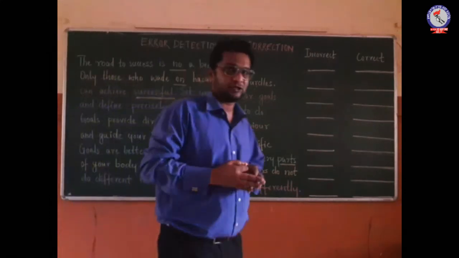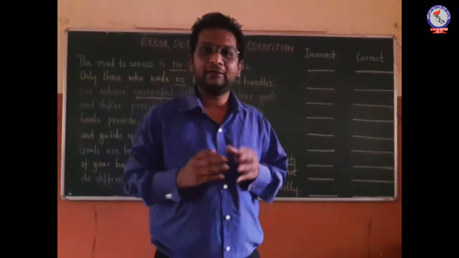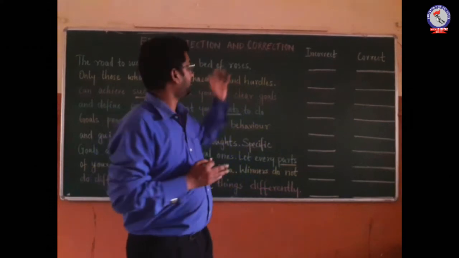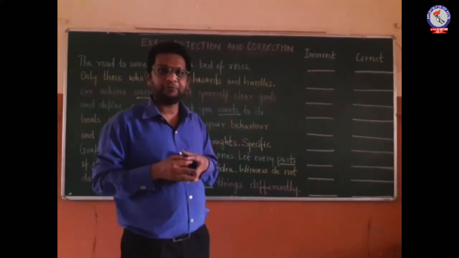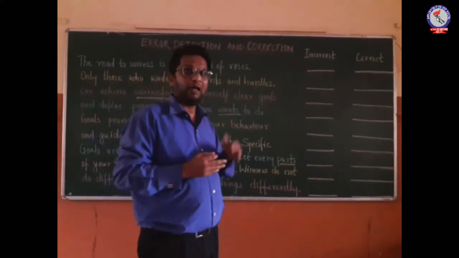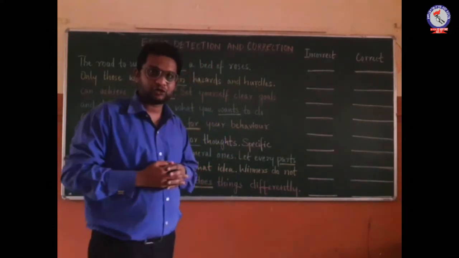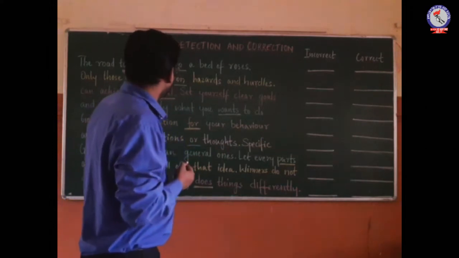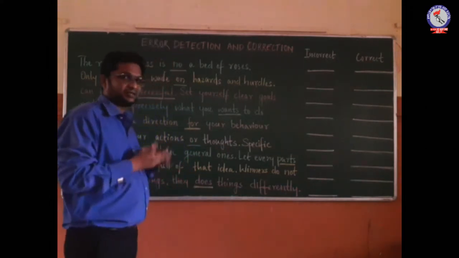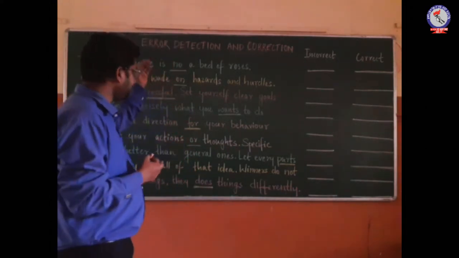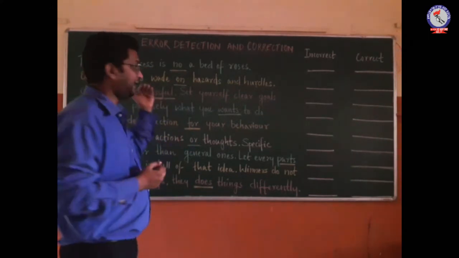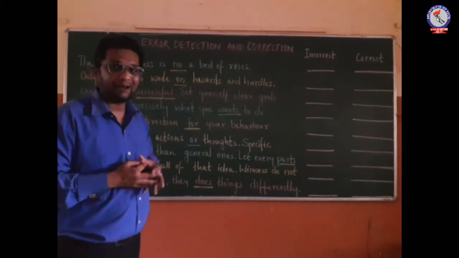Let us do one exercise on error detection and correction. That will help you to comprehend and understand more about error detection and correction. Here is a paragraph that is unedited. In each line there is an error.